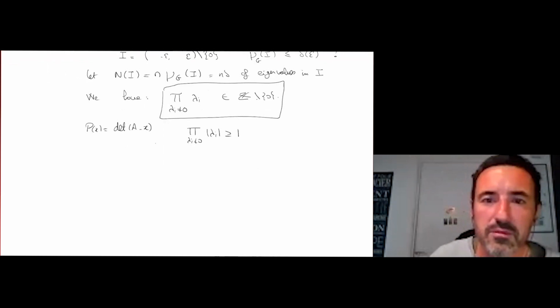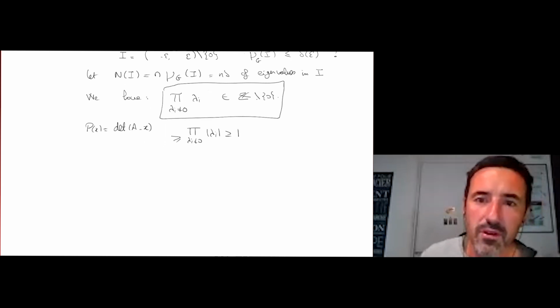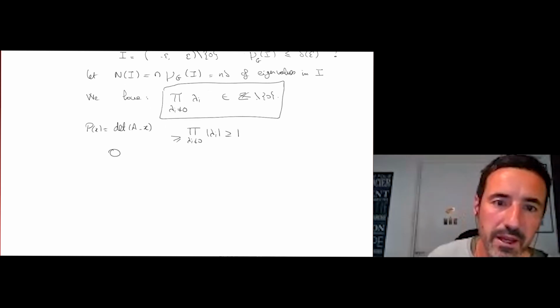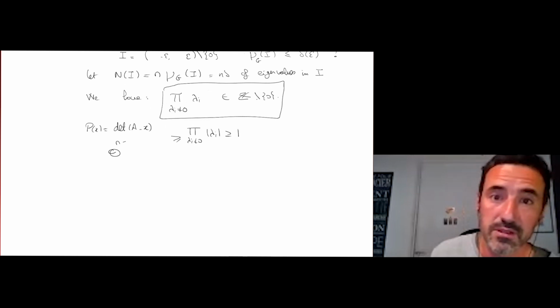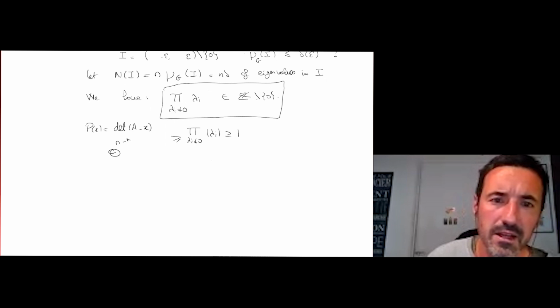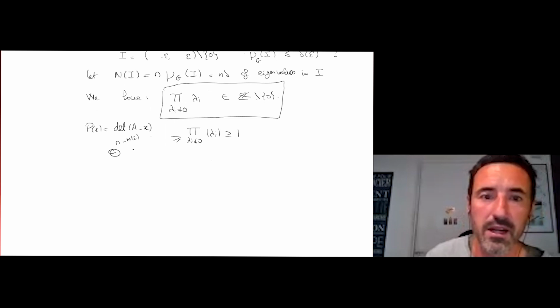Now you write that this is bounded by the eigenvalues. You have n eigenvalues, among all the non-zero eigenvalues. The eigenvalues which are not in I are at most theta, and the ones which are in I are at most epsilon.